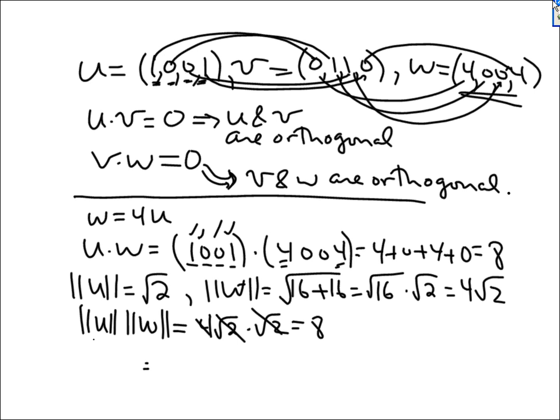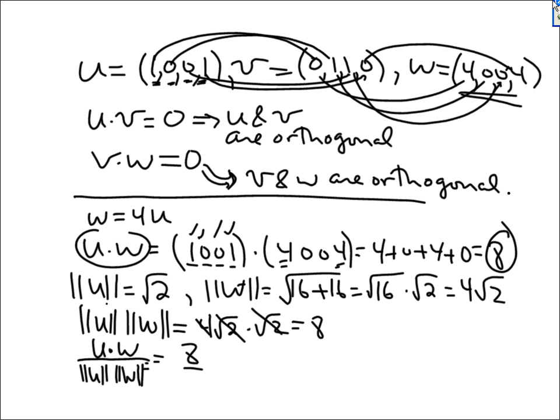Alright. So now, u dot w divided by the length of u times the length of w. Well, u dot w is 8. And the length of u times the length of w is also 8. We get 1. Plus or minus 1 means parallel.